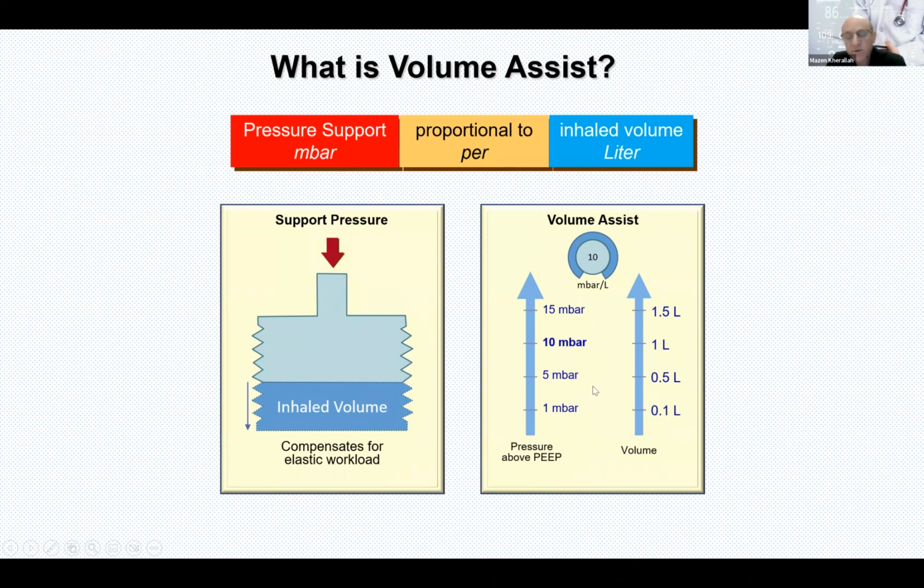We give 5 for 0.5, 10 for 1 liter, and 15 for 1.5 liter. So if we set it at 10, at that time, the machine will give 10 centimeters of pressure support for the volume of 1 liter. If that liter goes down to 0.5, it would be 5.